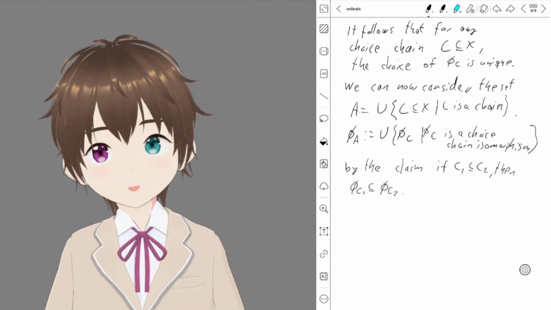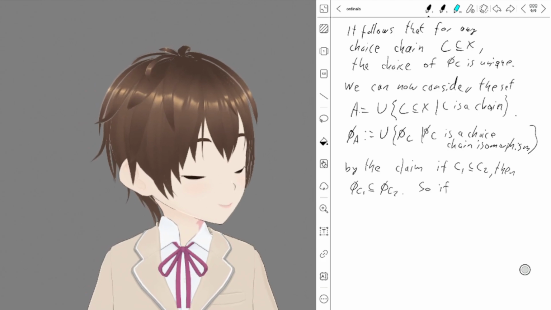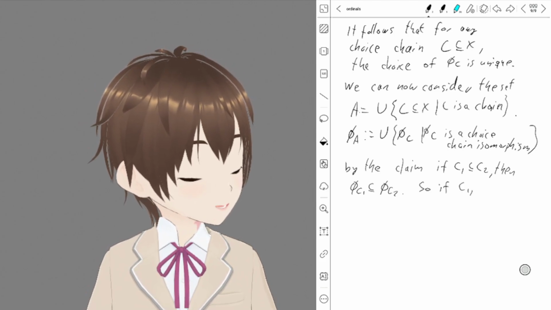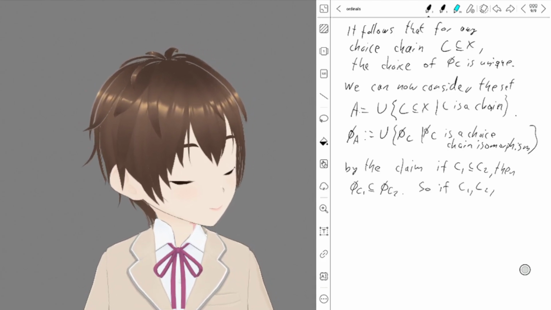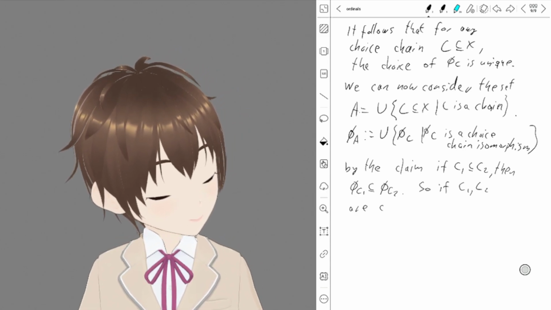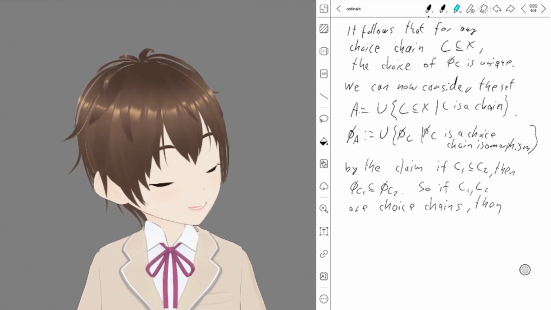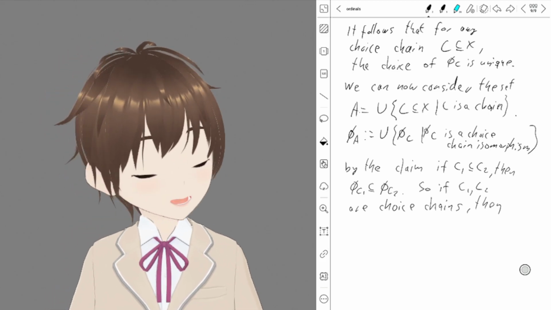So if I have any two choice chains, C1 and C2 are choice chains, then I know in fact that their intersection is a choice chain.